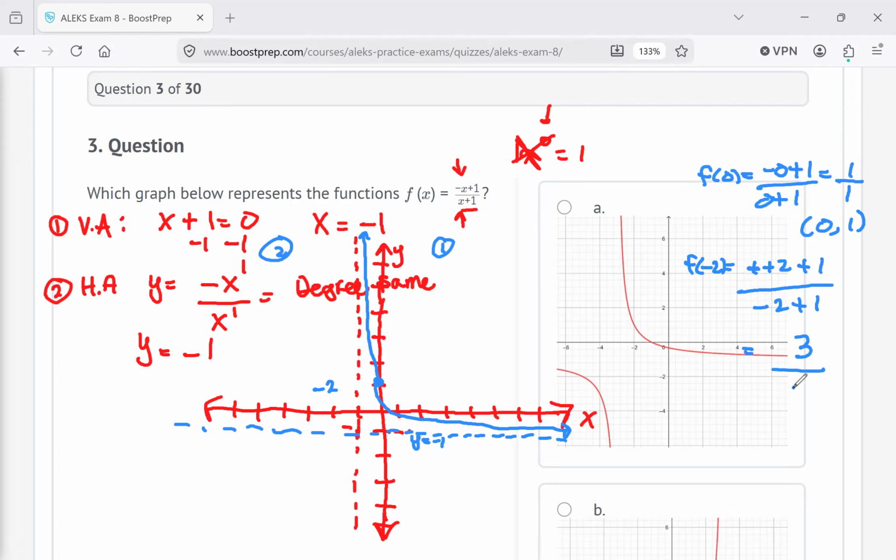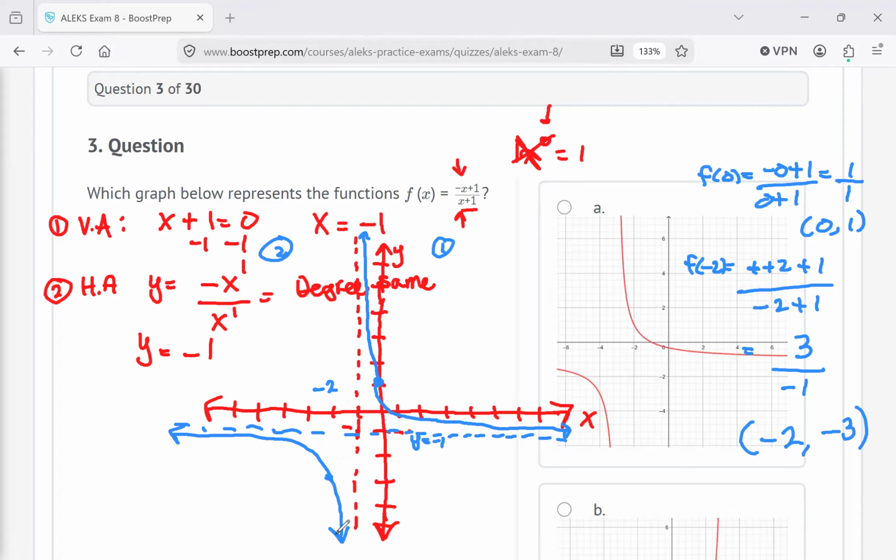Negative 2 plus 1 is negative 1, so you have a point at negative 2, comma negative 3. Okay, it's right here, and you know it's not going to cross the red or the blue. There you go, so there's your graph.